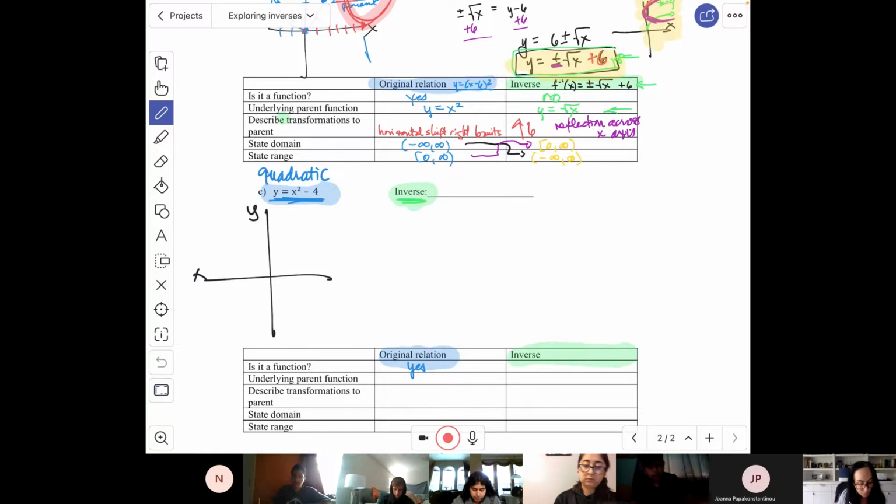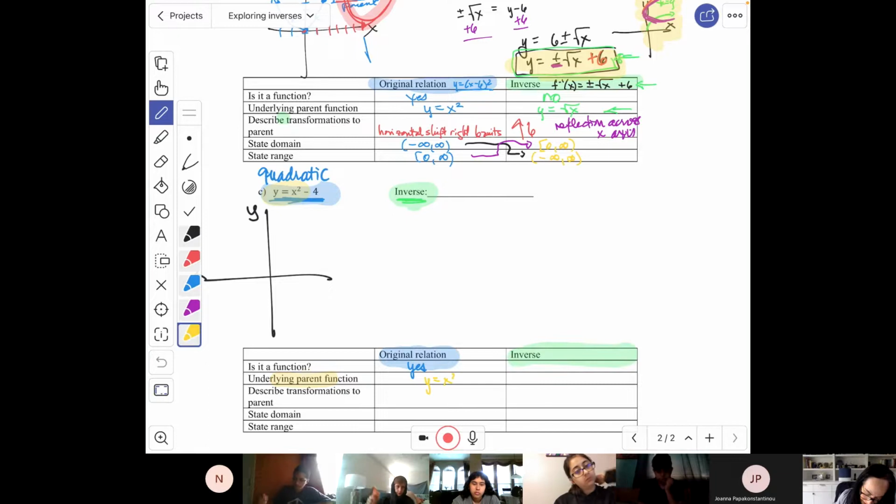The graph of this is a parabola, but what is the underlying parent function? Strip away the transformations. What's the underlying parent function? Y equals x squared. Beautiful. So that is the underlying parent.